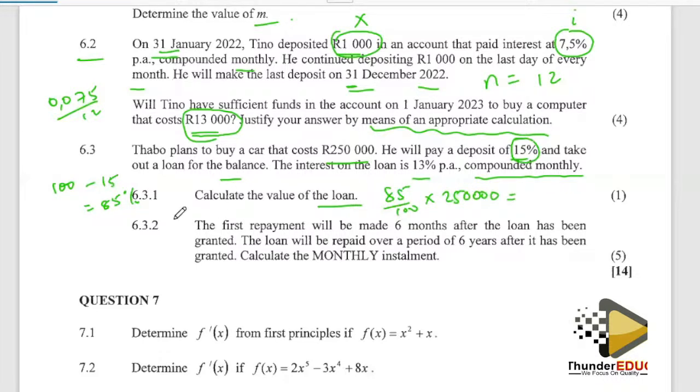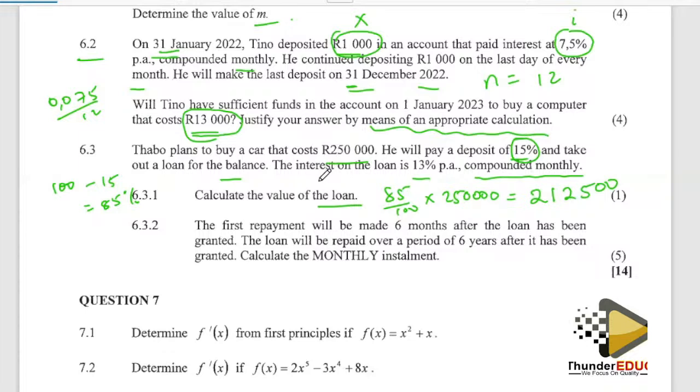You can do that: 0.85 times 250,000. I'm getting 212,500. That's how much I'm getting. Alternatively, someone can get the 15% and then subtract it from the 250,000. It's also fine.